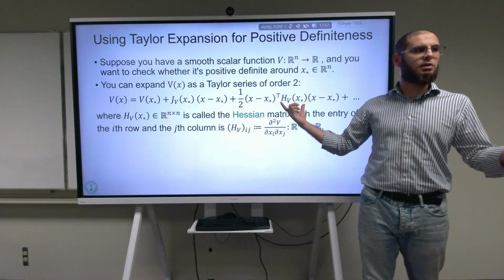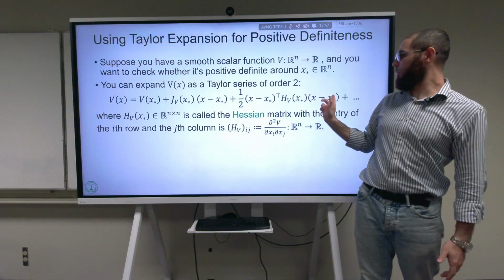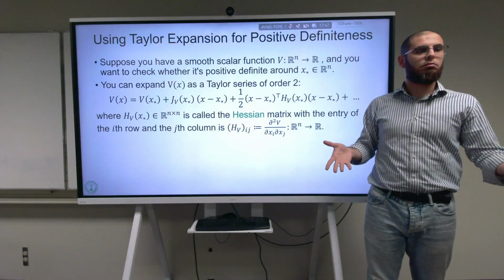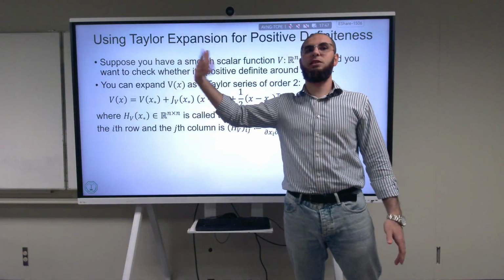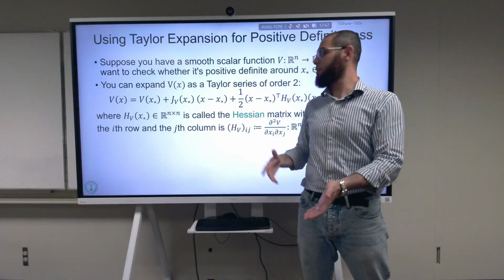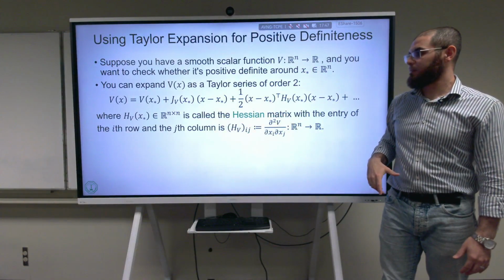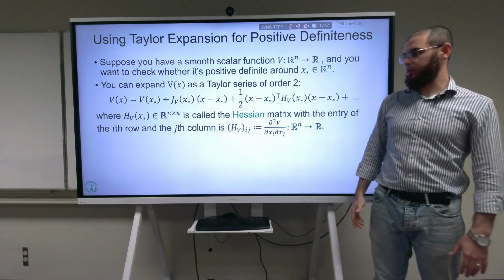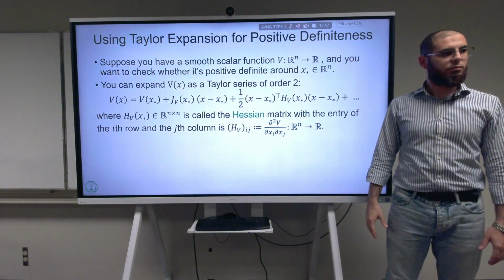Does anyone know what this matrix is called? The Hessian, exactly. It will be an n by n matrix, and inside it you'll find second derivatives. The Jacobian is a matrix of first derivatives: partial v by partial x1, partial v by partial x2, and so on. The Hessian is built from second derivatives with respect to xi and xj.